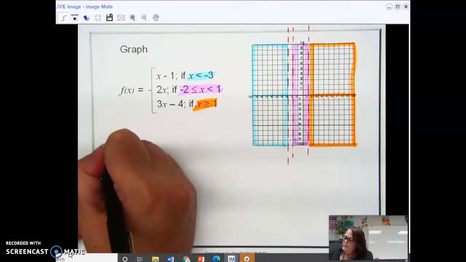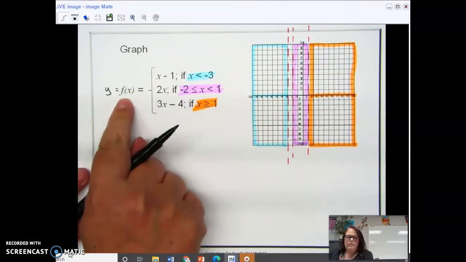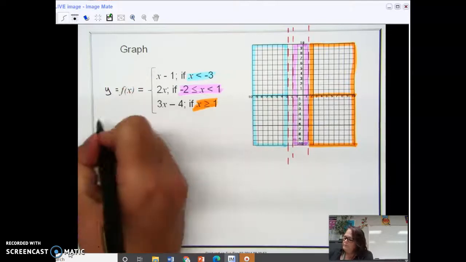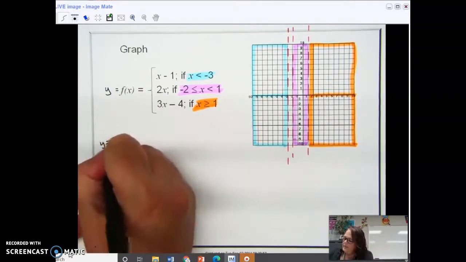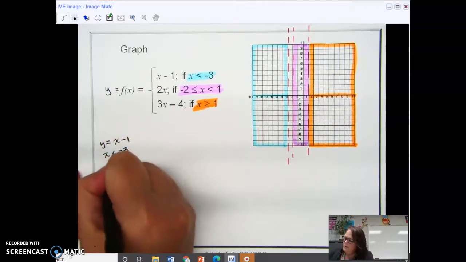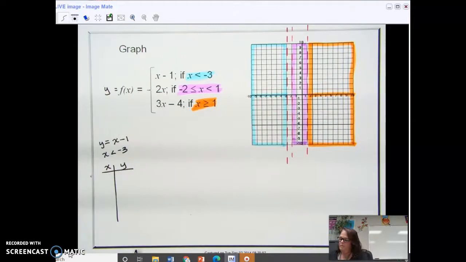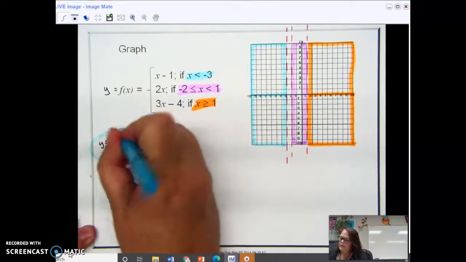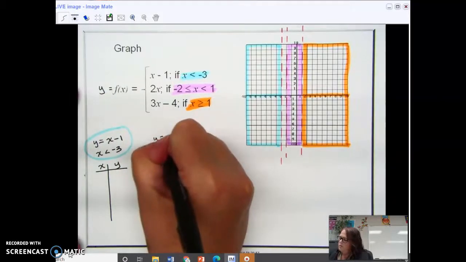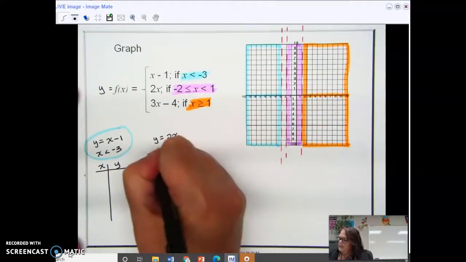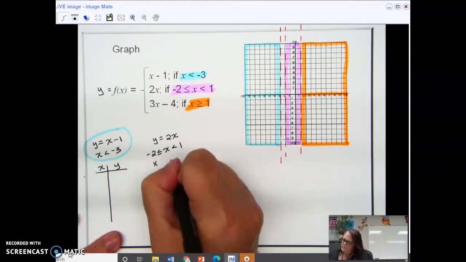So my first one is going to say y equals, as long as you recognize when we're done it's going to be a function. And we get y is equal to x minus 1 as long as x is less than -3. And that's going to be part of my blue domain. I get y is equal to 2x as long as -2 is less than or equal to x is less than 1.